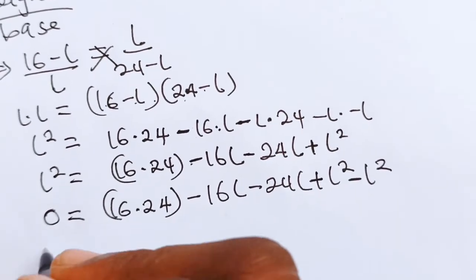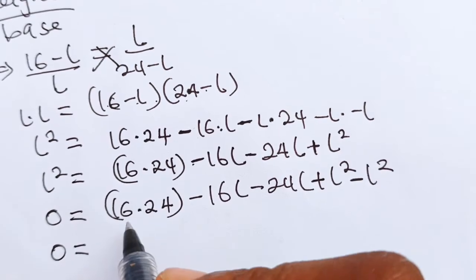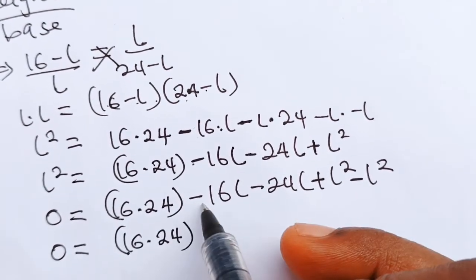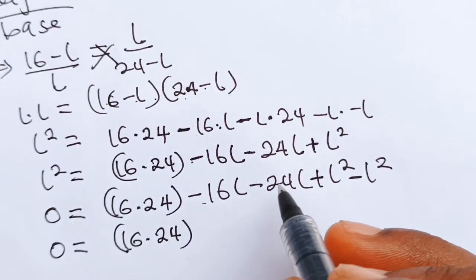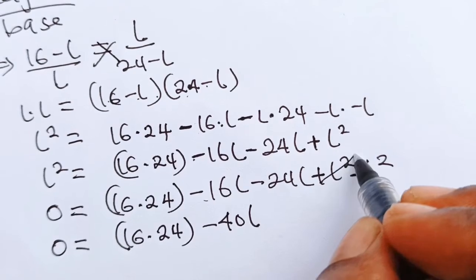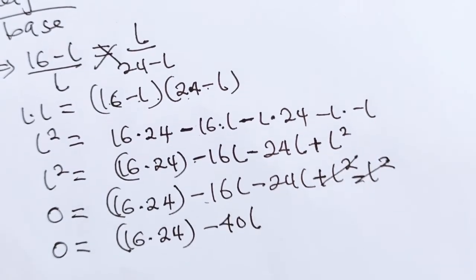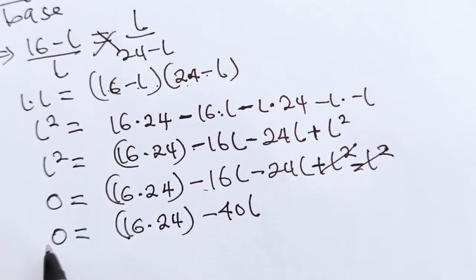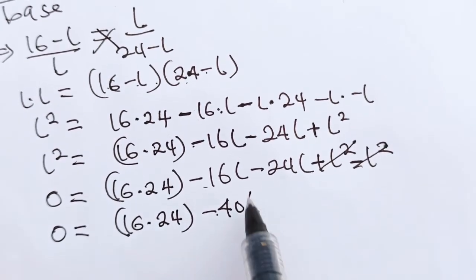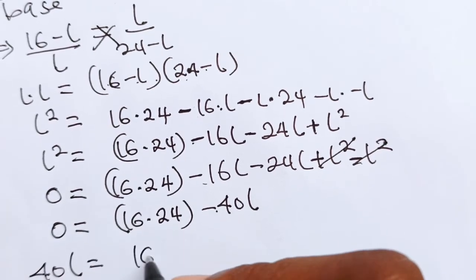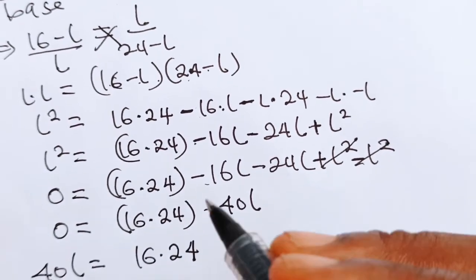So we have 0 is equal to 16 multiplied by 24, then minus 16L minus 24L will give us minus 40L, then plus L squared minus L squared is 0. Now, let's transfer this to this side. Minus 40L becomes plus 40L. So we have 40L is equal to 16 multiplied by 24.